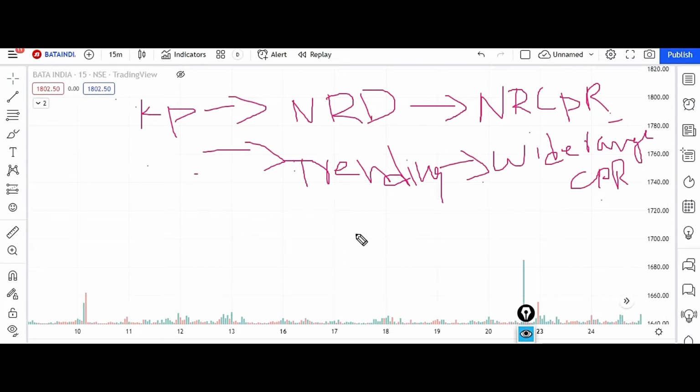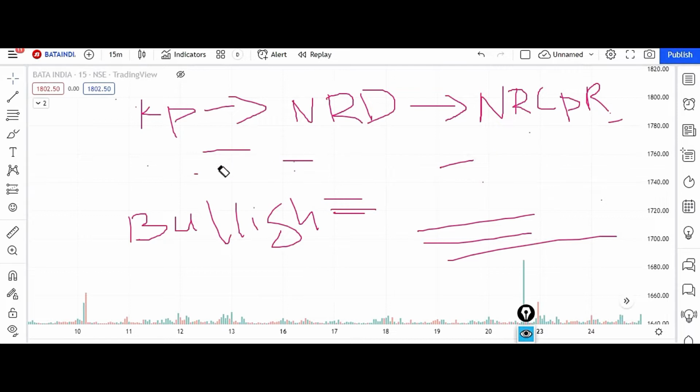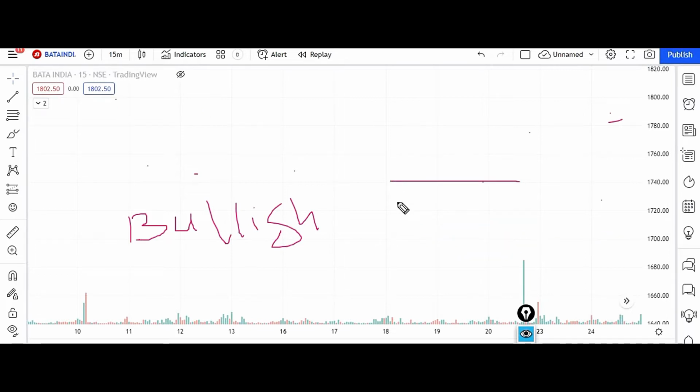Okay. The next point, bullish outlook. What is bullish outlook? When we look for a bull trade using CPR, we look for bullishness when the price is trading higher than TC. We have three lines: this is TC, this is pivot and this is BC, the bottom central pivot.